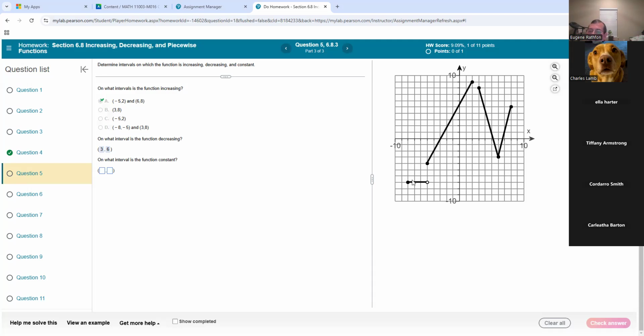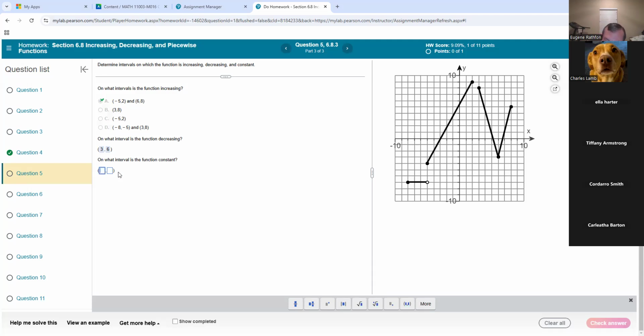So let me see if you got this. Look down here at this little constant one down here on the left side bottom. Where does this one start being constant and where does it end? So this first dark point, I'm going to go straight up to the x-axis. And that starts at -8. So Carletha got that one. -8 it started at.